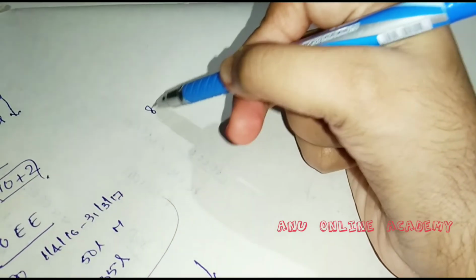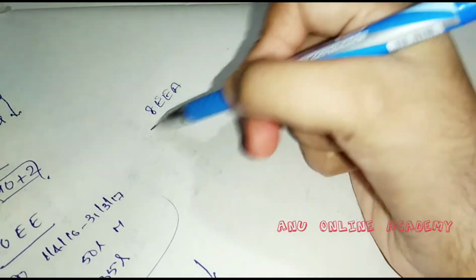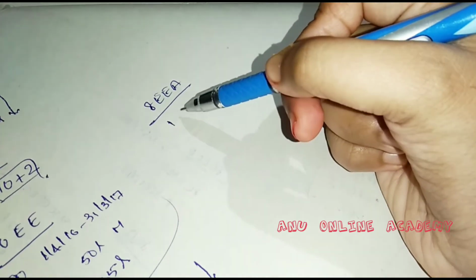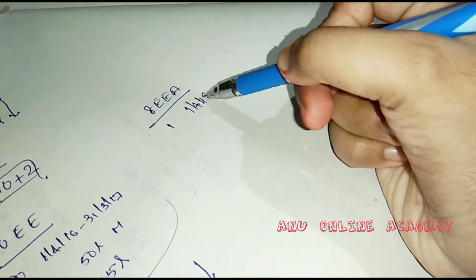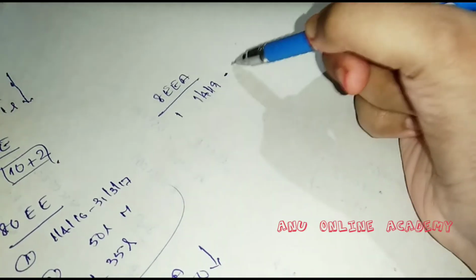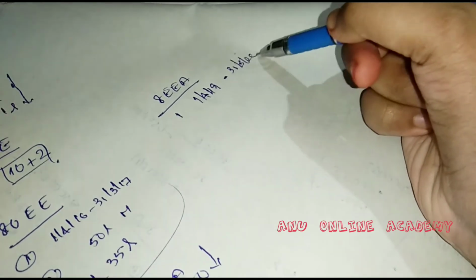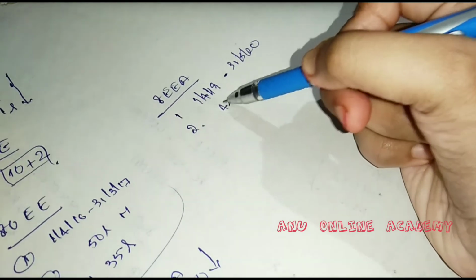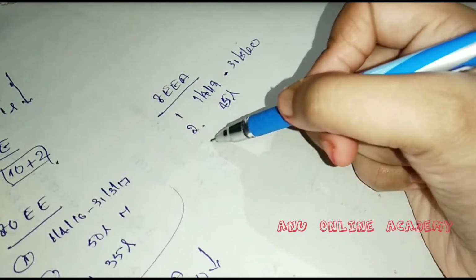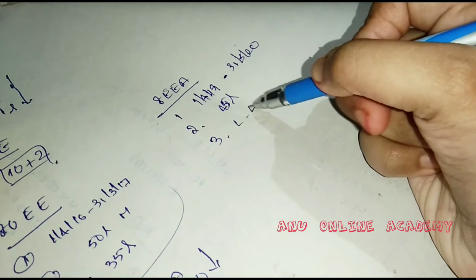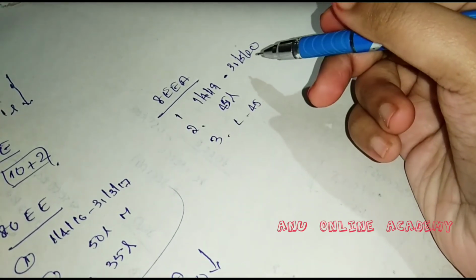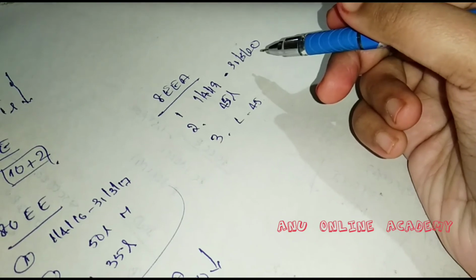And see the next section, 80EEA, interest on loan taken for certain house property. In this case, house property acquired during 1/4/19 to 31/3/20. Stamp duty value of house property 45 lakhs maximum, and loan 45 lakhs maximum from a financial institution, banking company or housing finance company.